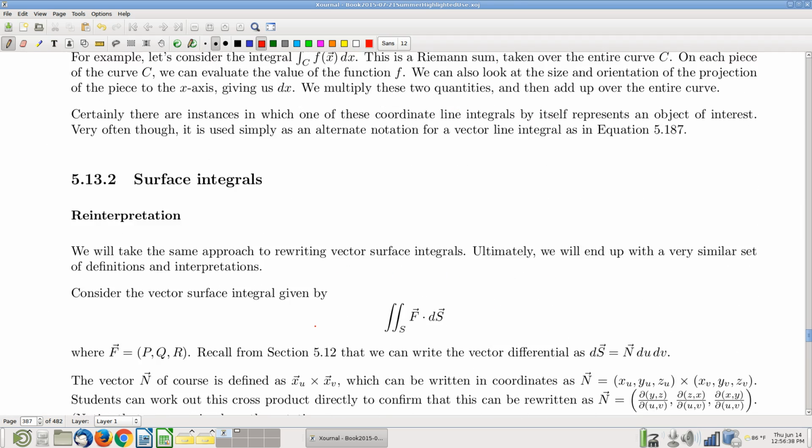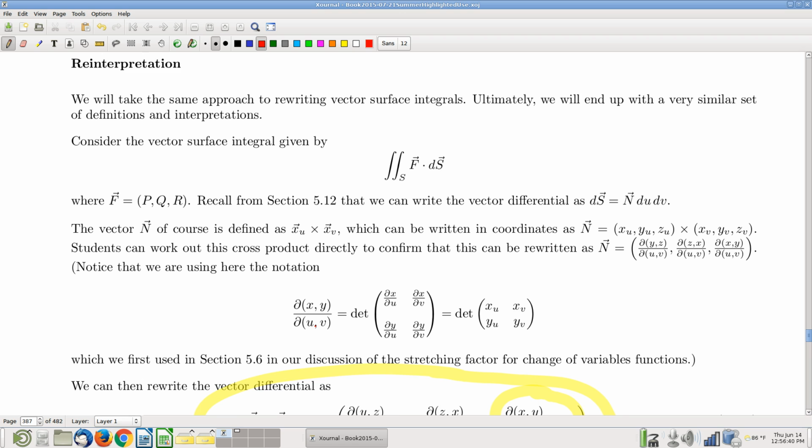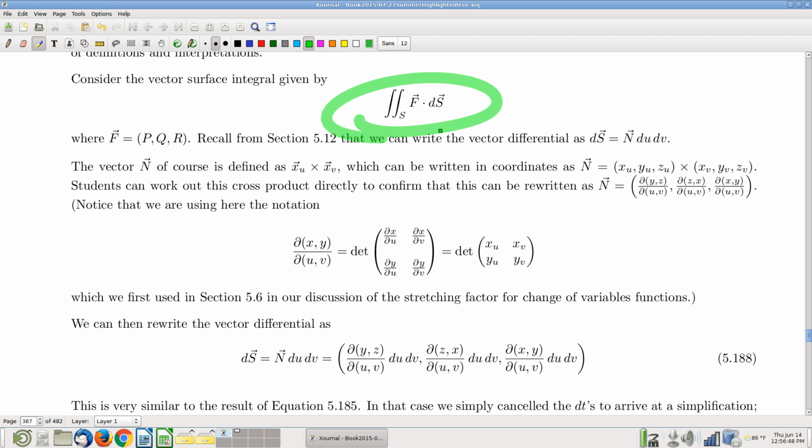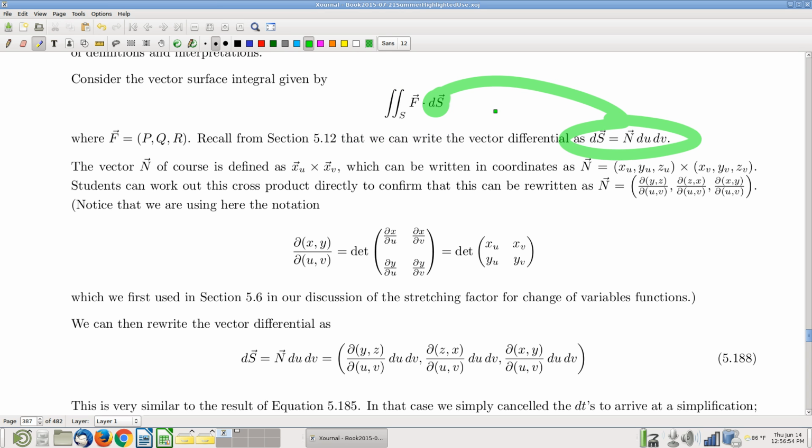Okay, so let's do surface integrals. Same deal. I'm going to start off in the same direction as we had been. So remember, here's a surface integral, flux integral, ds in du dv, old news. We wrote that down a long time ago. This is xu cross xv. And again, that's where we kind of left it. xu cross xv, a little nice compact formula. Just kind of left it as it was.